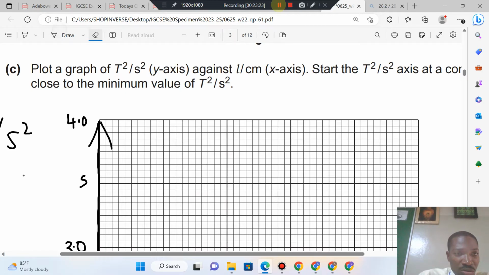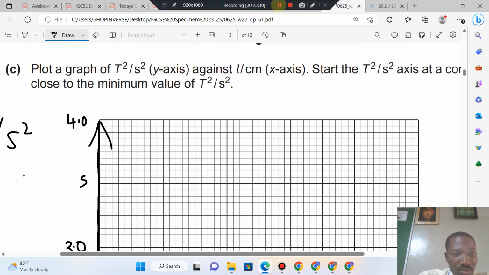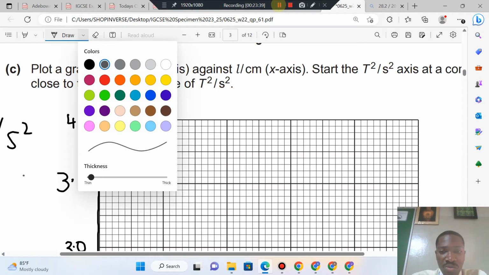80 against 3.20. Okay, so where do you have 3.20?